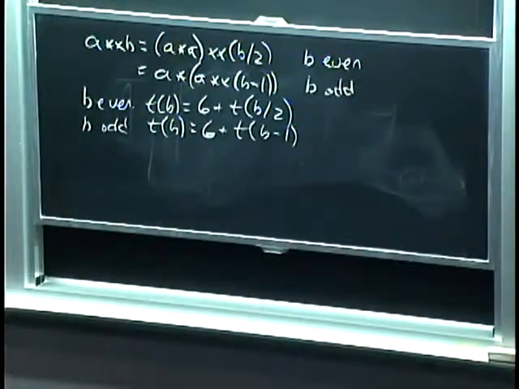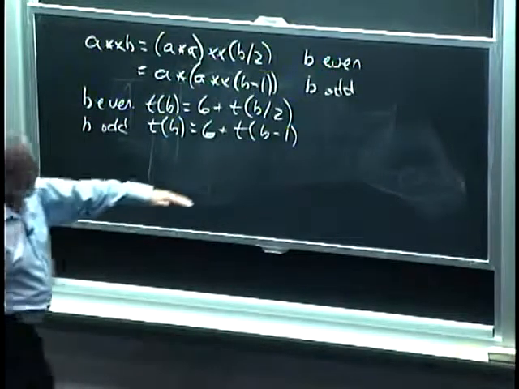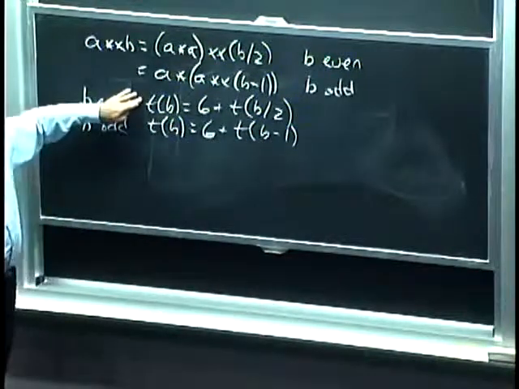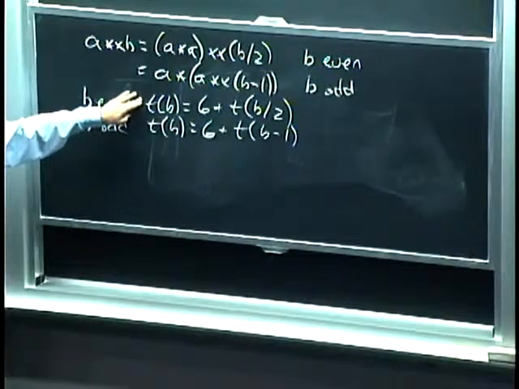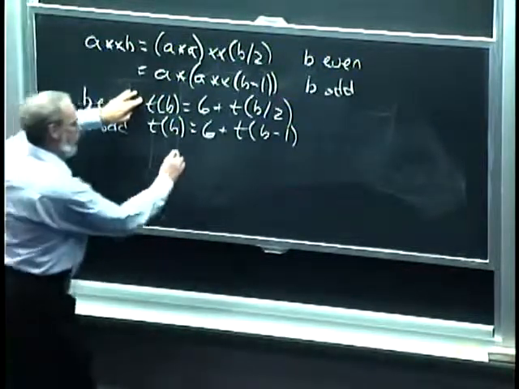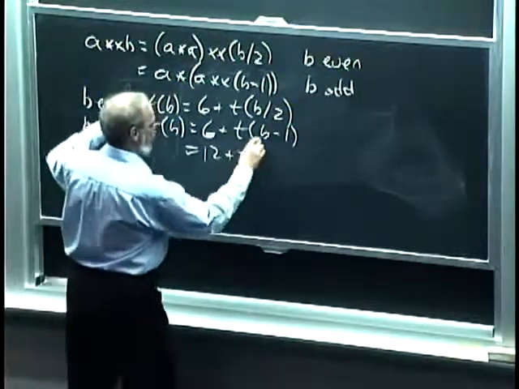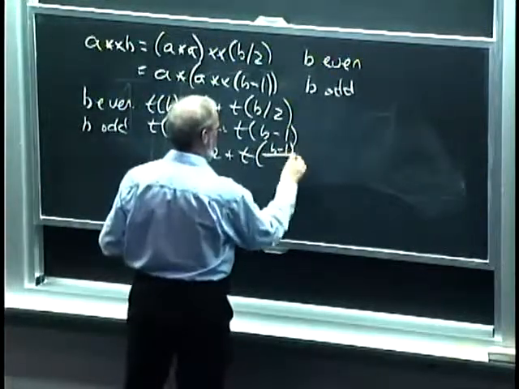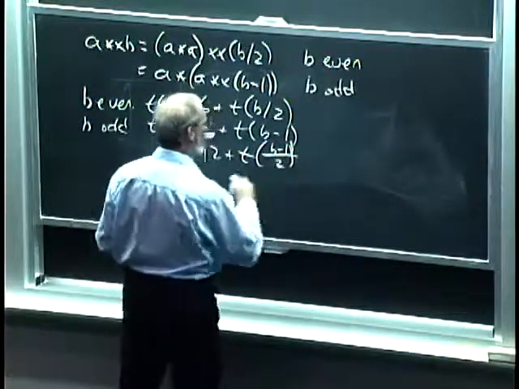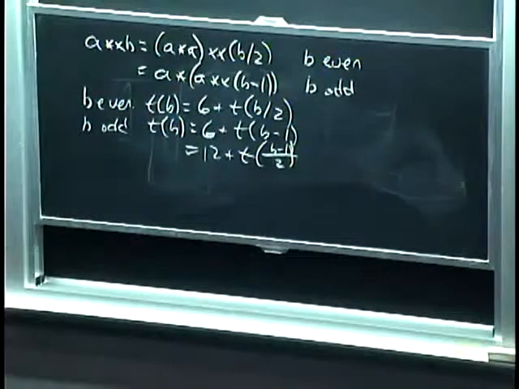Because it's now solving a 1 smaller problem. Well, in the next step, though, this will get substituted by that. Right? On the next step, I'm back in the even case. It's going to take 6 more steps plus t of (b minus 1) over 2. Because b minus 1 is now even.